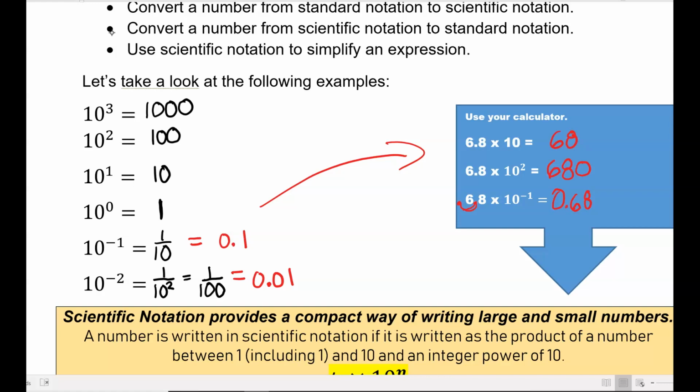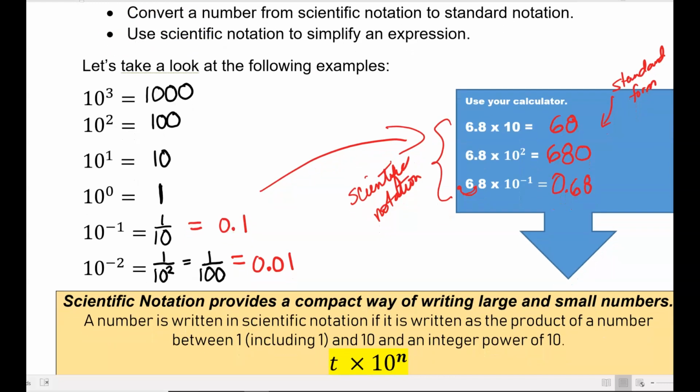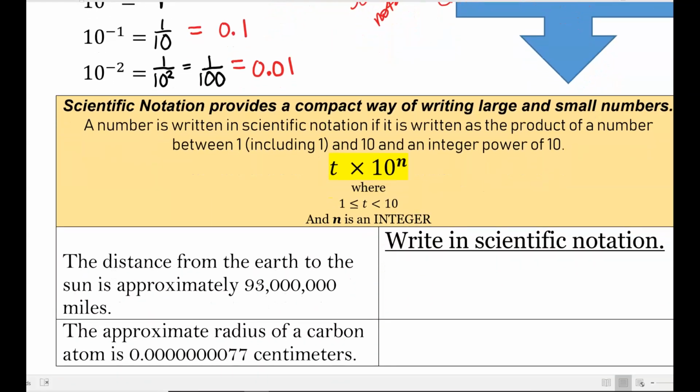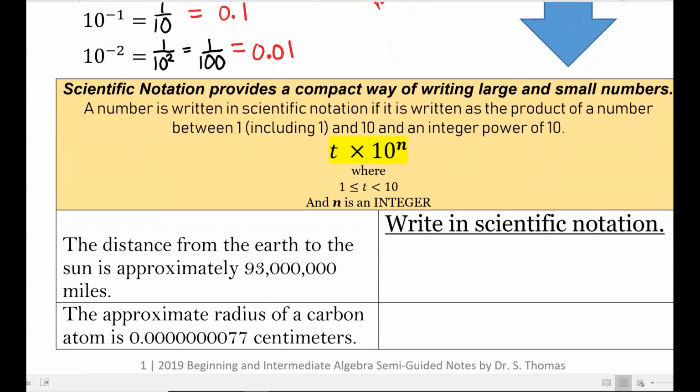Okay, so these are examples of scientific notation. We just changed scientific notation into standard form. So what is scientific notation? Again, as a reminder, scientific notation provides a compact way of writing large and small numbers.